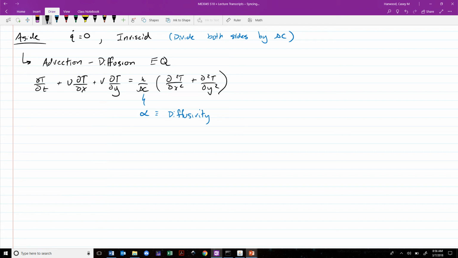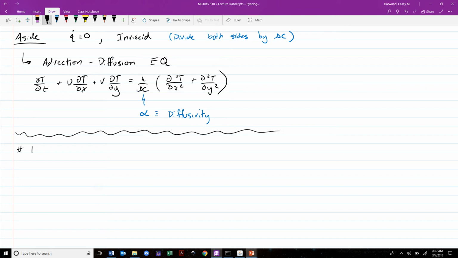So that's a special version of the energy equation, the advection-diffusion equation.